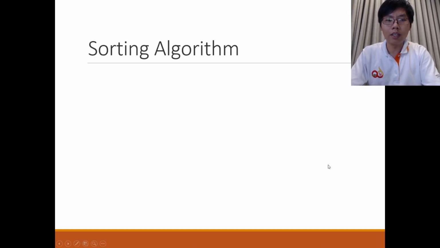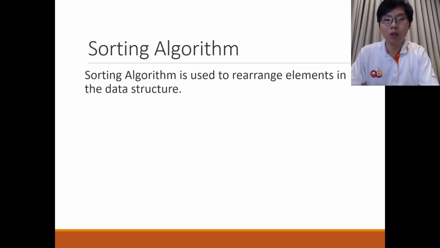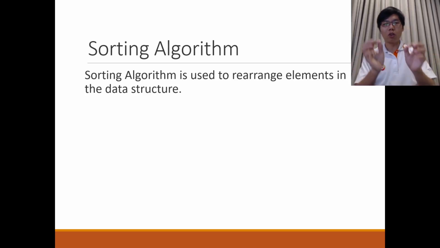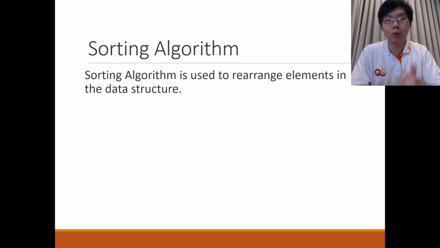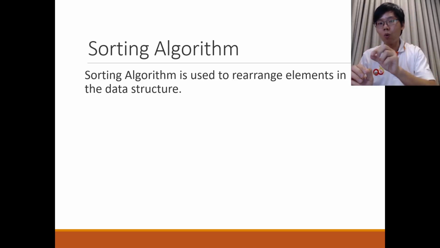In a sorting algorithm, the meaning is very simple. We just reorganize the elements in the data structure, sorting from low to high, from high to low, or by any other rules that you have in mind. But the basic thing that we're going to use as an example for the whole lecture is just sorting numbers from low to high.